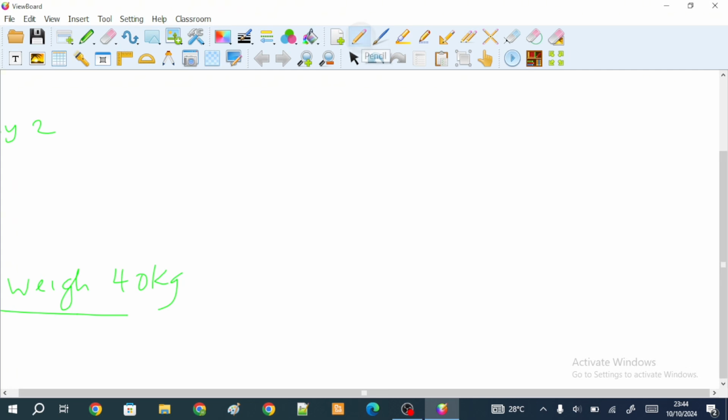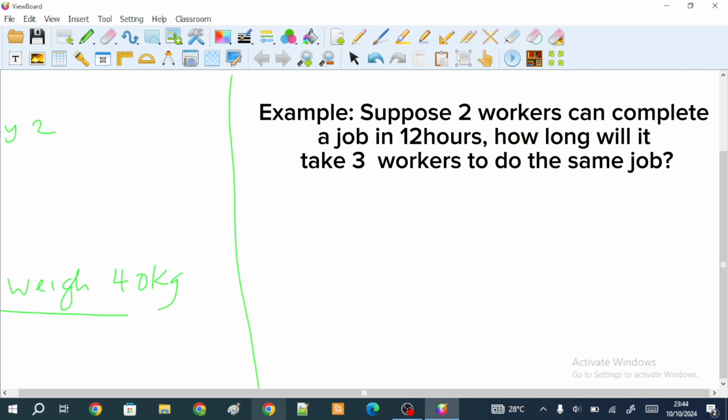And the first example we have: suppose 2 workers can complete a job in 12 hours. How long will it take 3 workers to do the same job? Now just like we established in direct proportion, we're still going to do the same thing, just with a little difference.